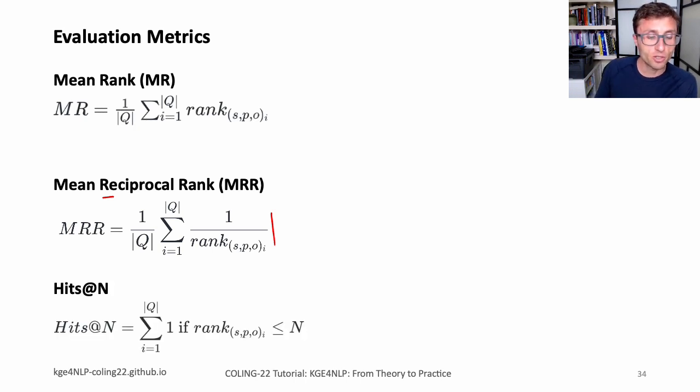And then we have a metric called hits at n, which is in short how many times our test triples occur in the, say, top 10, top 3, top 5 rank against, again, a set of corruptions generated on the fly.